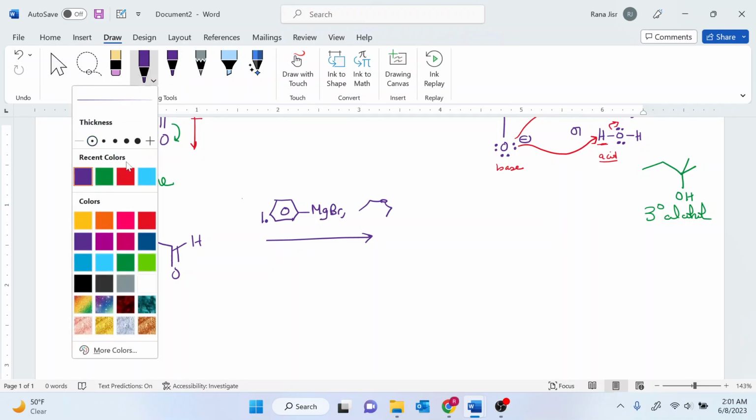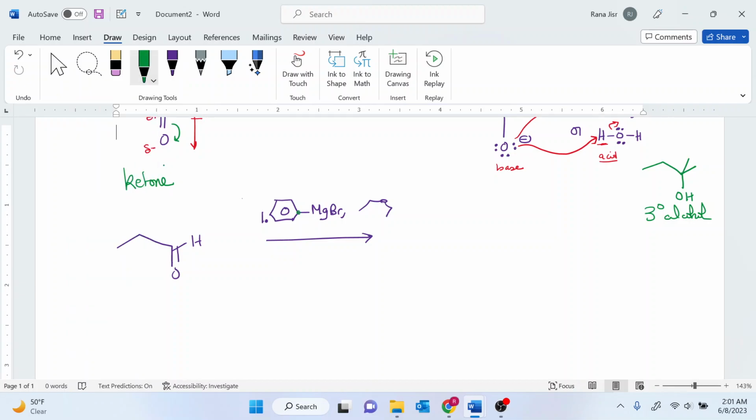So we agreed to break it, make it simple, and it's this carbon that is connected to the magnesium. So I want to make this carbon over here a lone pair with a negative charge. So this is the carbon over here that was connected to the magnesium.